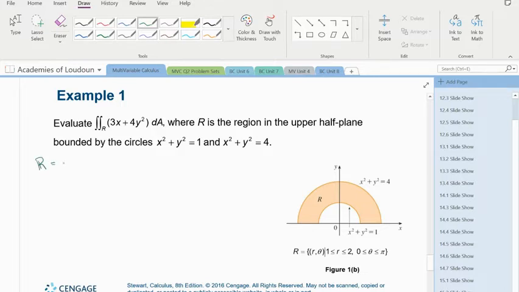R is all xy such that y is greater than or equal to 0, and x squared plus y squared is less than or equal to 4. That's the half ring as shown in Figure 1b, and in polar coordinates, it's given by where r ranges from 1 to 2, and theta ranges from 0 to pi.